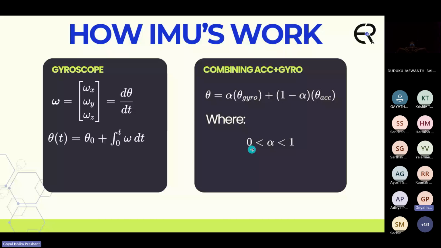Now, this depends on how accurate each of the two components are. So, let's say the gyroscope that we're using is very accurate. You could have alpha be 0.9. This would mean that for the total calculation of the angle, 90% of it would come from the gyroscope and 10% of it would come from the accelerometer.